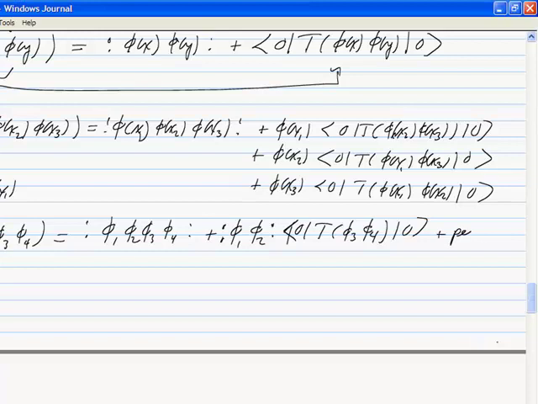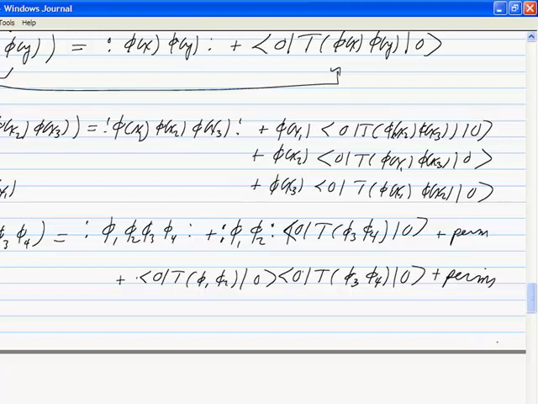And let's just write plus permutations; you can do all the possible permutations of that. And then the last set of terms is all possible permutations of two propagators. So you basically always end up with propagators and things that act on external states.